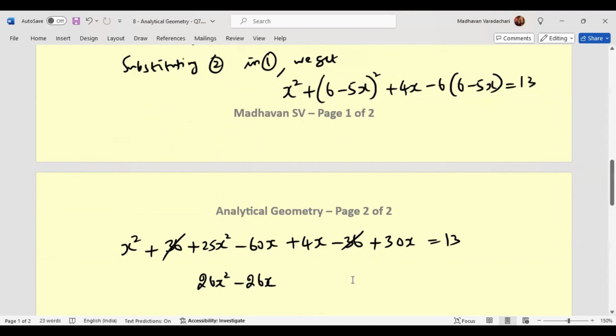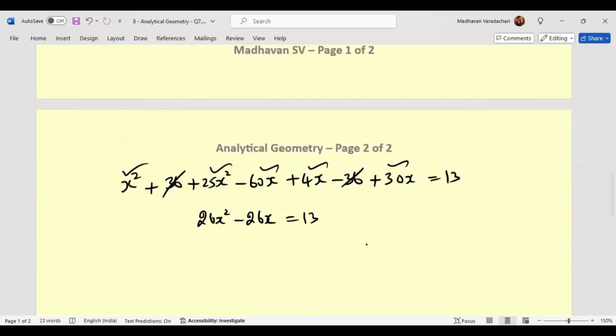And only thing left is equal to 30. So now divide both sides by 30. We get 2x square minus 2x equal to 1. Or we will write it as 2x square minus 2x minus 1 equal to 0.